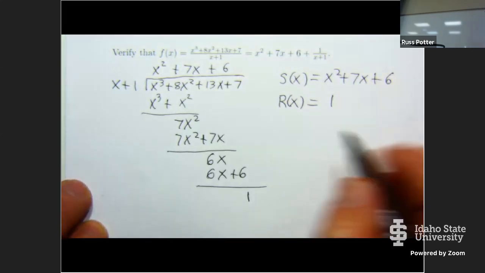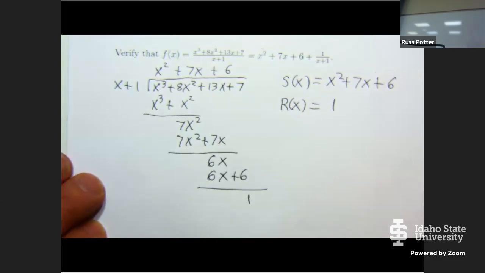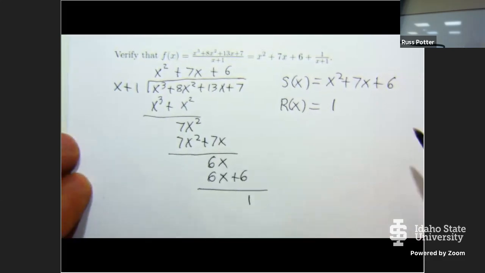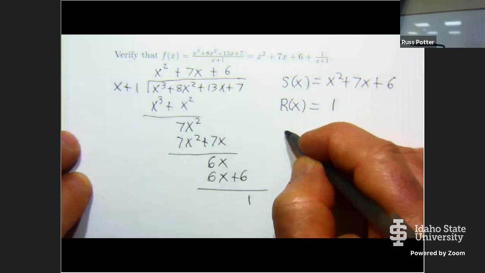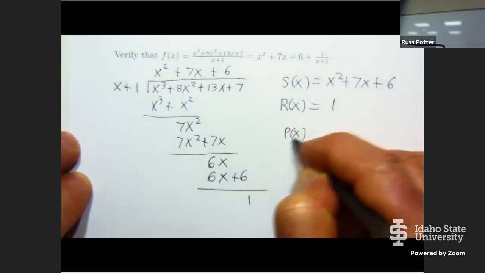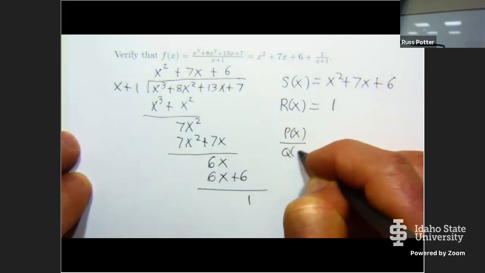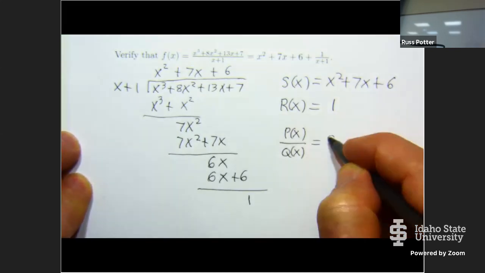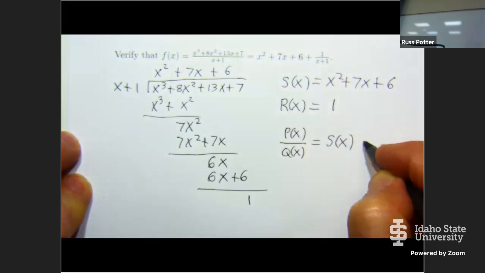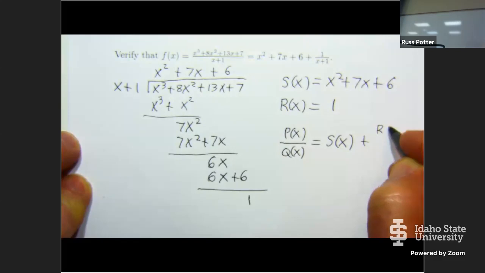And then if you remember, well, it's further up on the page, but p of x divided by q of x has the form s of x plus r of x divided by q of x.